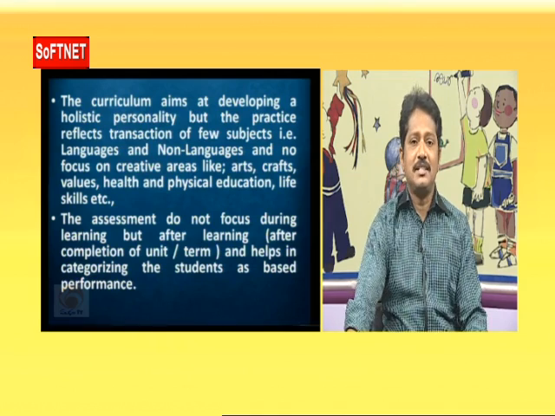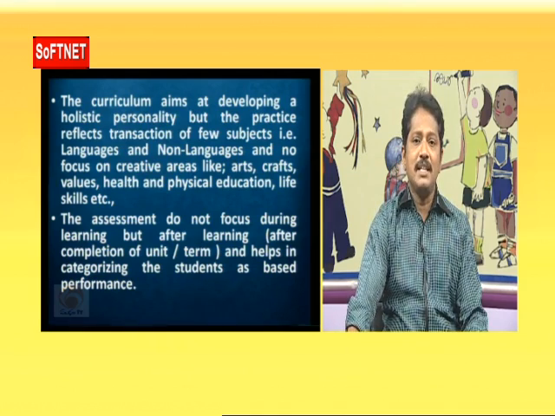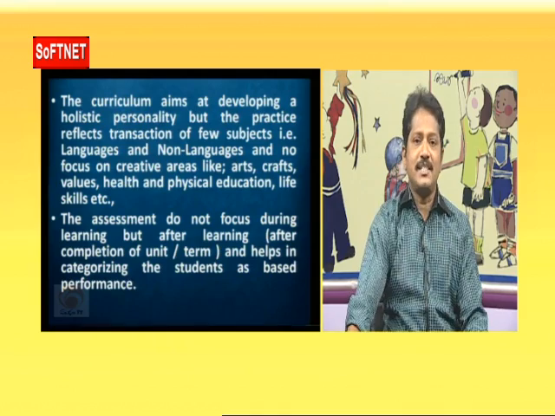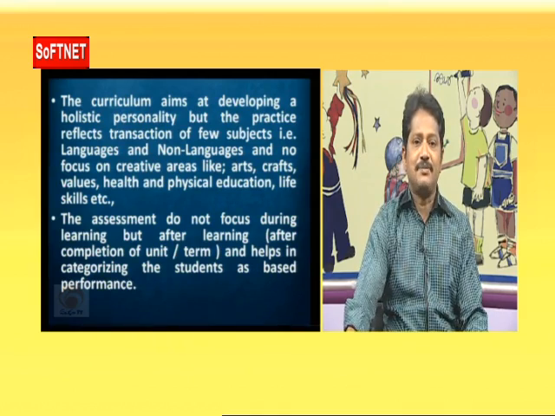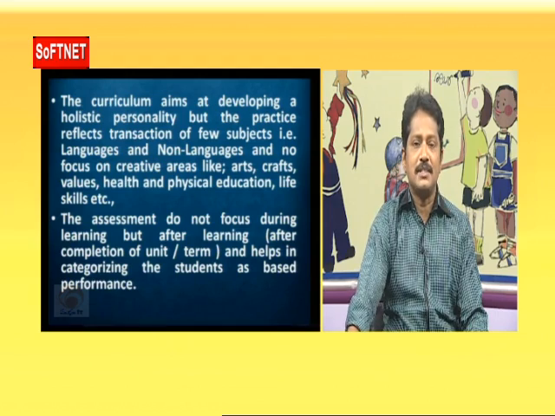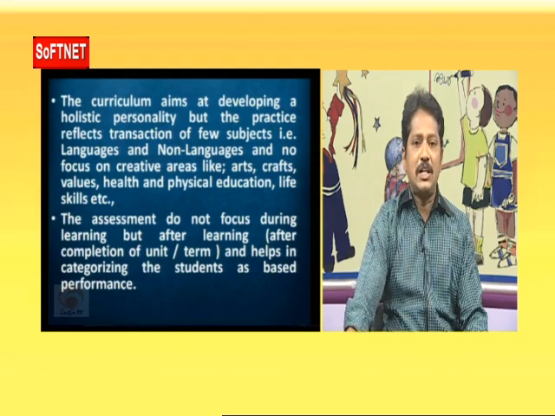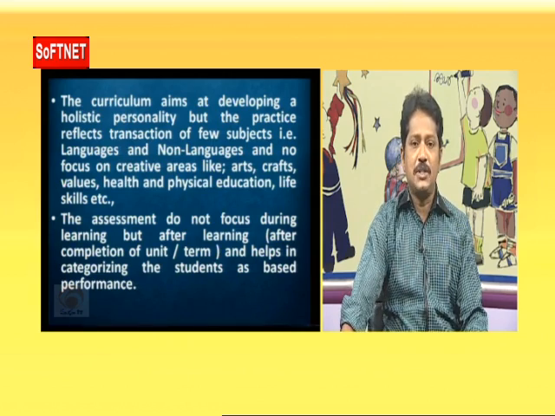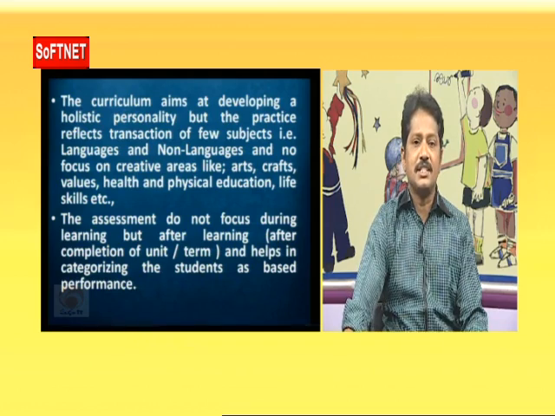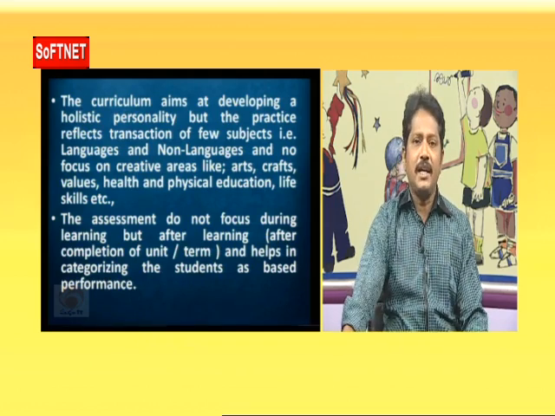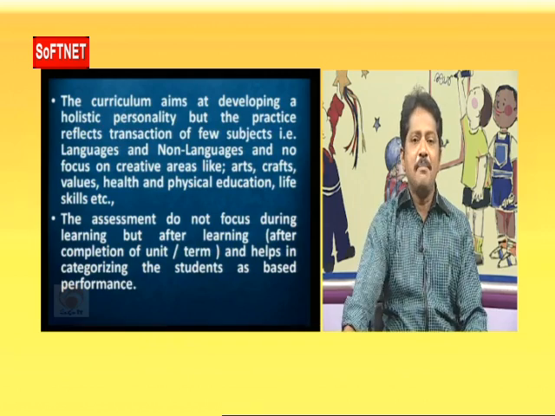Okay, now come to that. The curriculum aims at developing a holistic personality, but the practice reflects transaction of few subjects, that is languages and non-languages, and no focus on creative areas like arts, crafts, value education, health education, physical education and life skills. So the previous system was only aiming to develop a narrow personality.